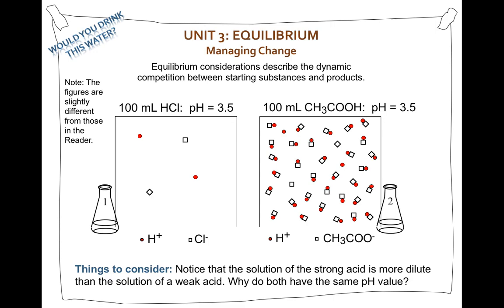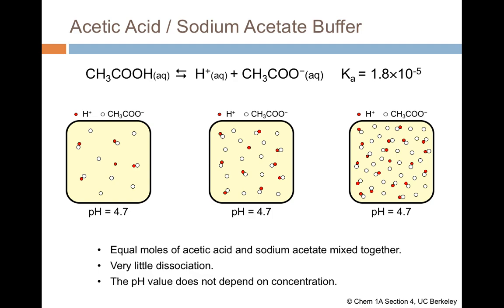So if you wanted to make a solution that has a pH of 3.5, here are two different ways to do it. But if you want that solution to keep its pH of 3.5, there are very big differences between how these two solutions behave. Specifically, let's look at the acetic acid example for now.